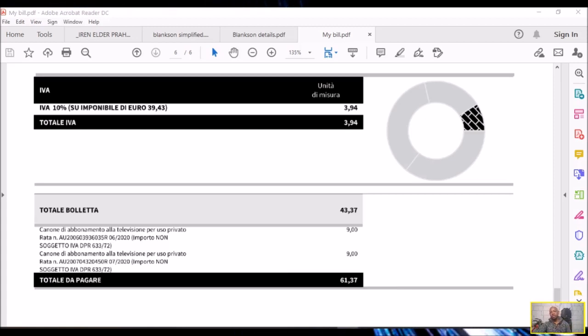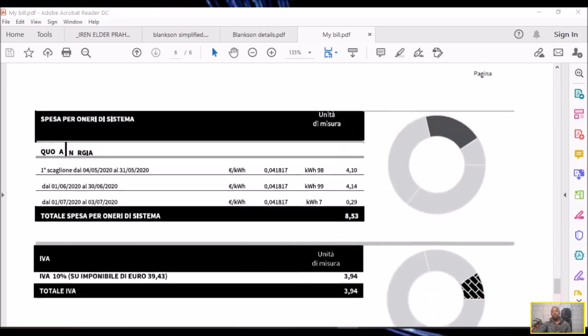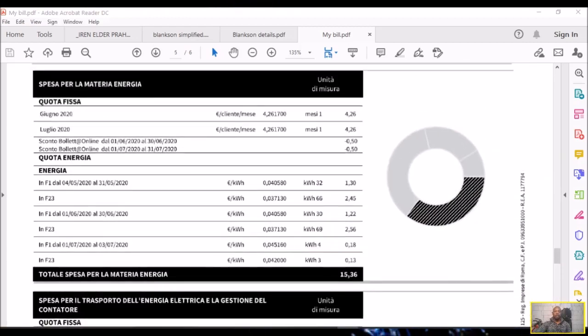I just explained step by step how you can know how much you are paying per kilowatt hour, which mine is 0.04 for F1, 0.037 for F2 and 3. Then we figured out that F1 in July increased a bit, the same as F2 and 3 in July also increased a bit.